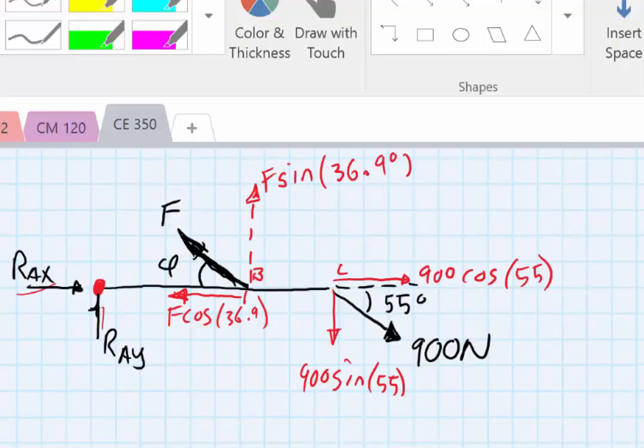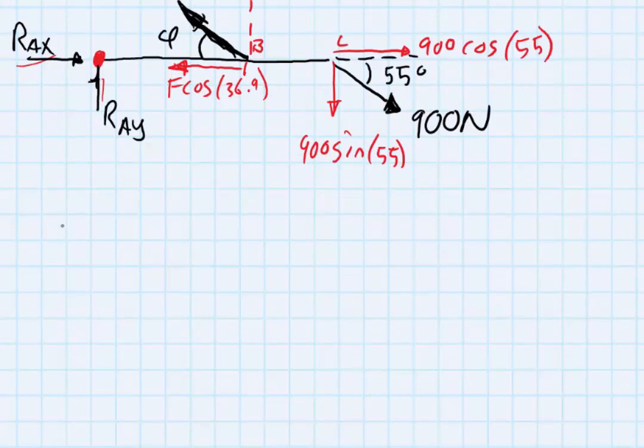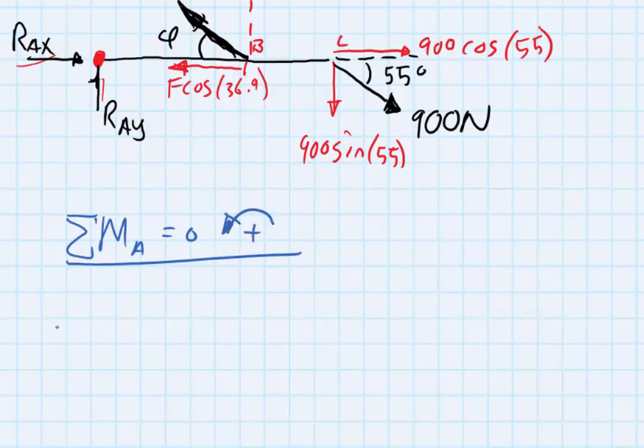Okay, so now we can sum our moments around point A. Sum of the moments at A equals 0, identifying that counterclockwise will be our positive direction.